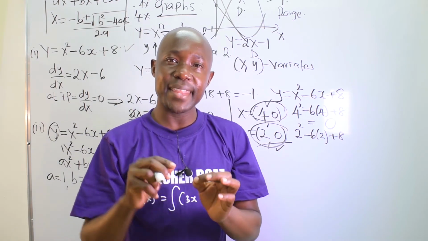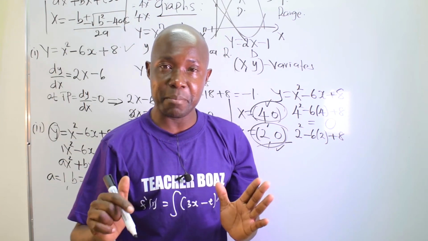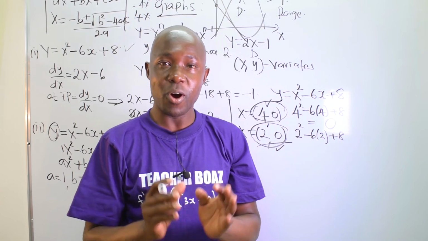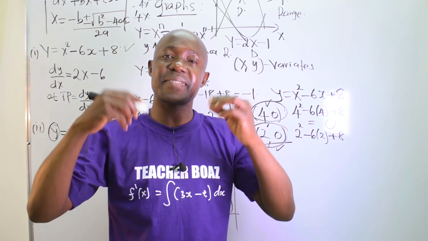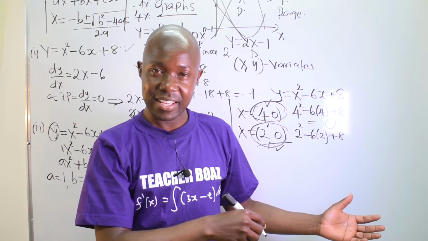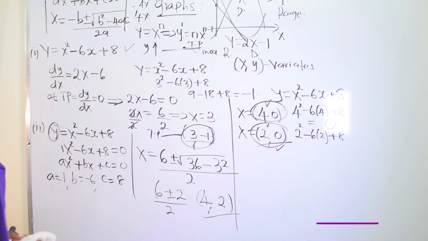When you want to know whether the turning point is a maximum or minimum, we must get the second derivative. The second derivative is differentiating your gradient function that you've already differentiated. It's like differentiating twice.